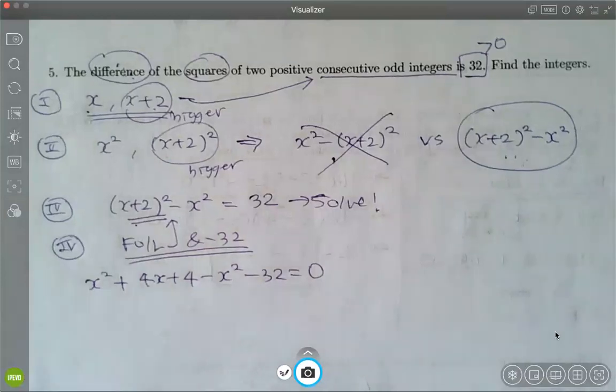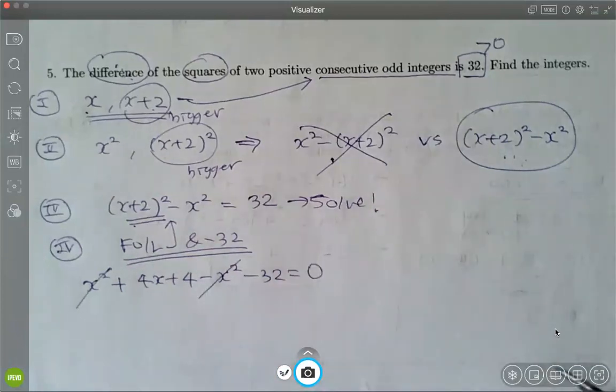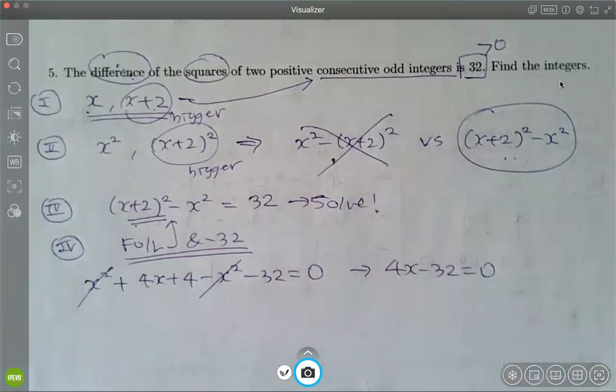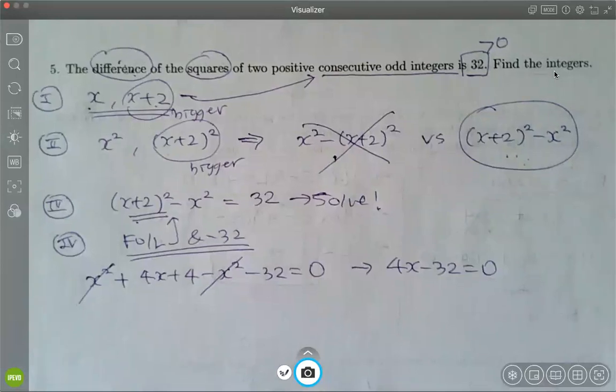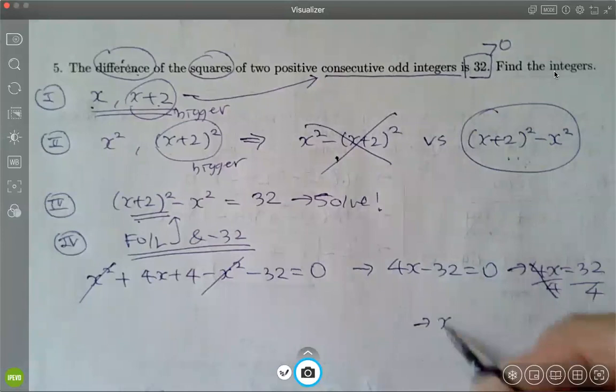Now it seems like we have a quadratic equation, but what do you notice here? The x squares cancel. So we have 4x minus 32 is equal to 0. And then what do you do? Add 32 and then divide by 4, so x is equal to 8.